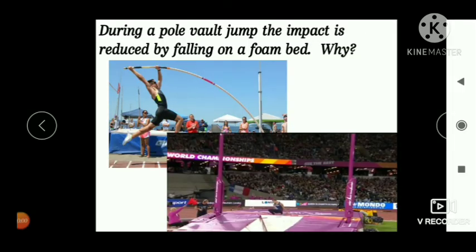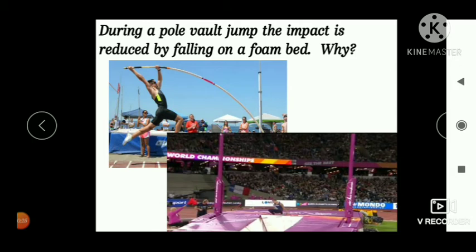Second question. During a pole vault jump, the impact is reduced by falling on a foam bed. Why? Why are these foam beds used in pole vault jump? It is because he has mass and velocity, so he has momentum.